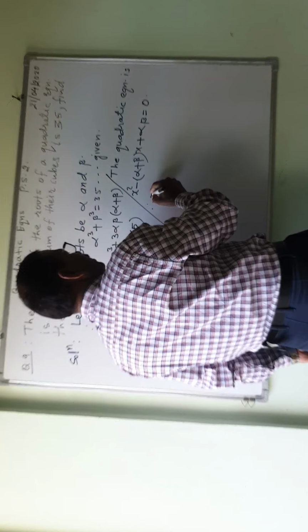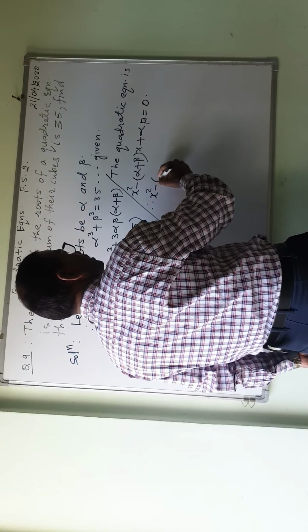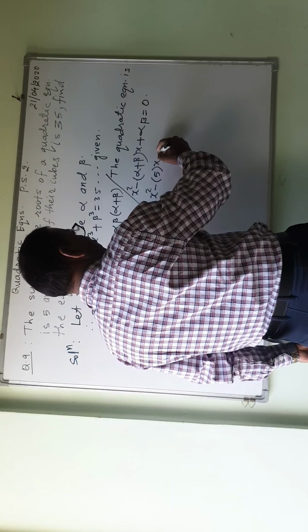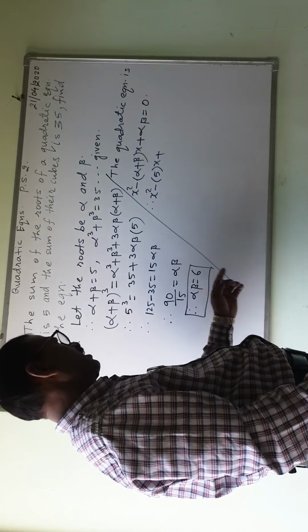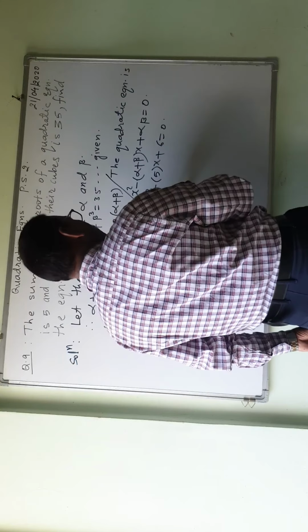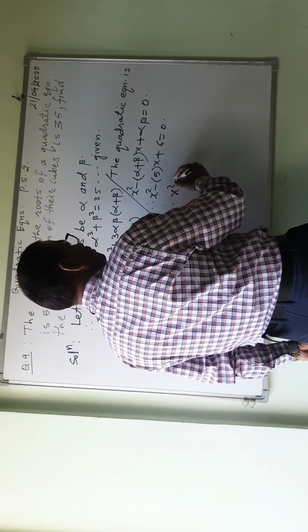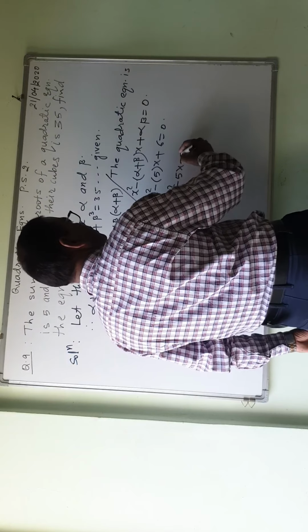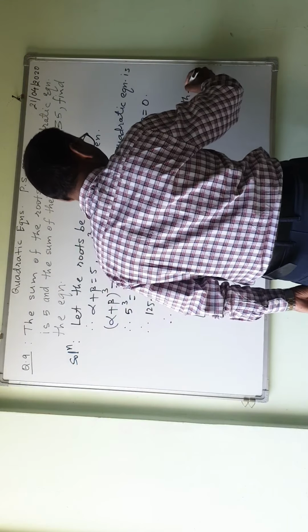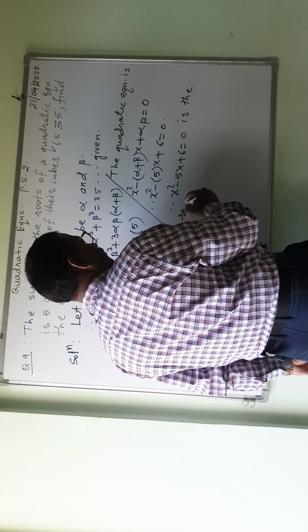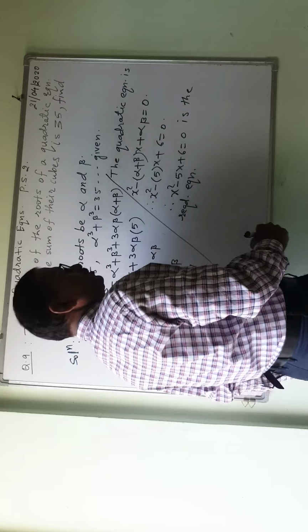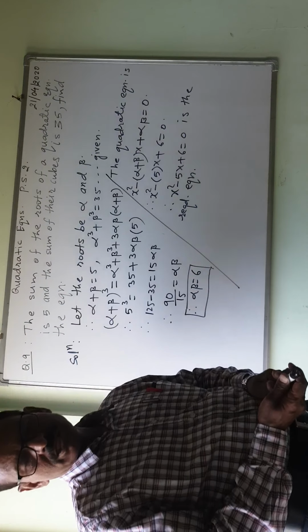Therefore, x square minus alpha plus beta, which is 5, that is given, x plus alpha into beta, that is 6, is equal to 0. Therefore, x square minus 5x plus 6 equal to 0 is the required equation. So, this is the solution.